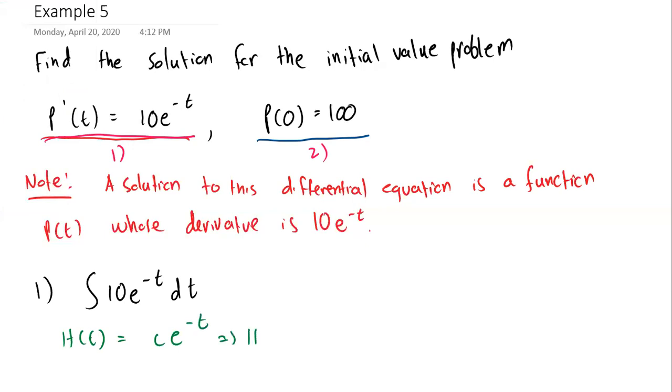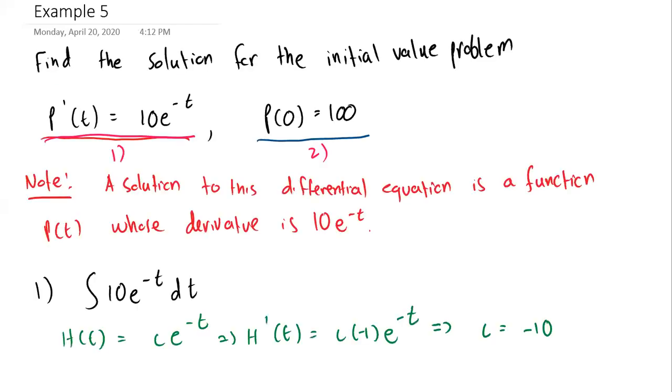Because the derivative of this is going to be, well, the constant, then by the property of the derivatives of an exponential, you just bring the exponent down and you leave it as it is. So this function, c times e to the negative t, is almost what we want, but we want c times negative 1 to be equal to 10. Okay, that means we can just let c be equal to negative 10, because then negative 10 times negative 1 is going to be 10.